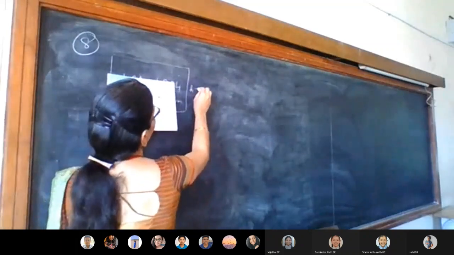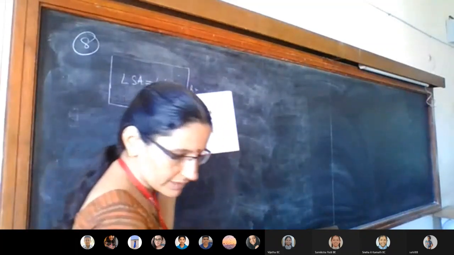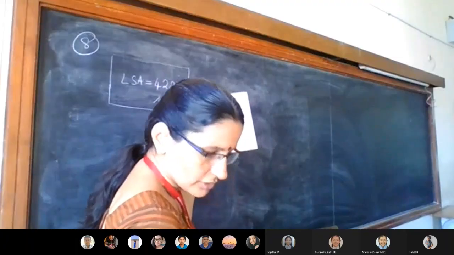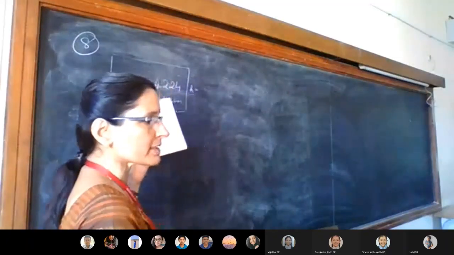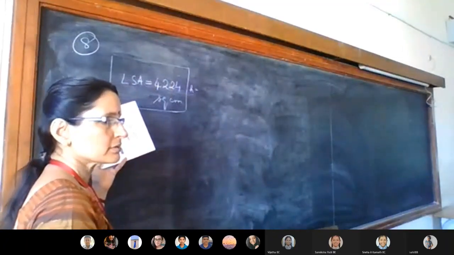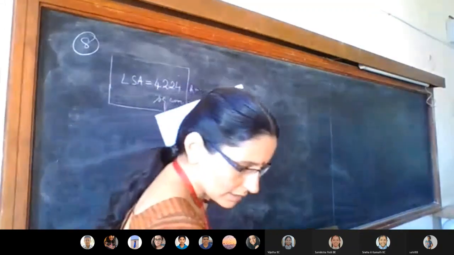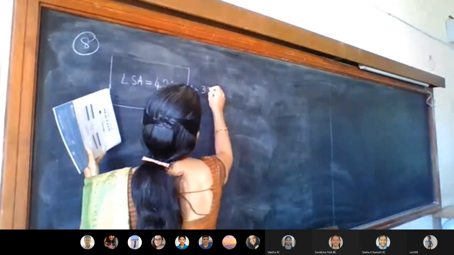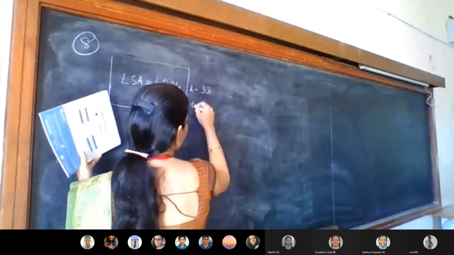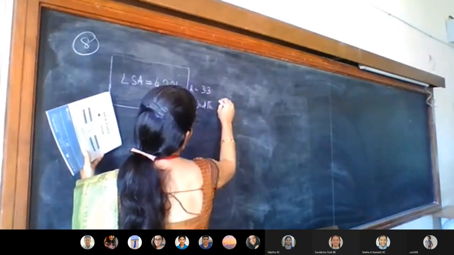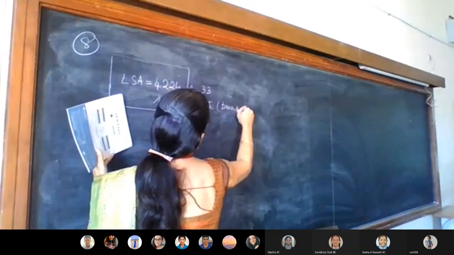So this height is given. What did they give it as? Sorry, width. Width is given means height, no? Correct, 33. This is width or breadth.